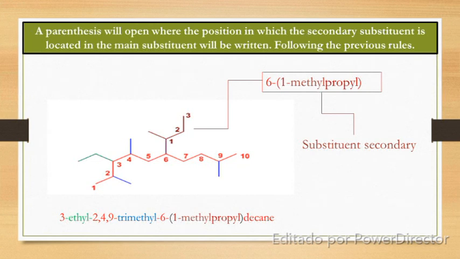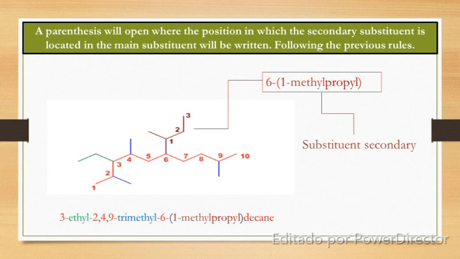Now, for the second example, you will follow the same rules as the first example, but adding one more. When a substituent of the main chain has a substituent, the position of the main substituent, the one in the main chain, is written, a dash, and a parenthesis is opened where the position of the secondary substituent inside the main substituent will be written.